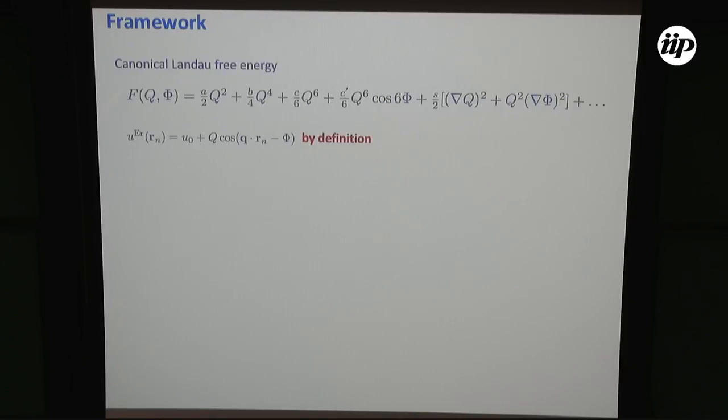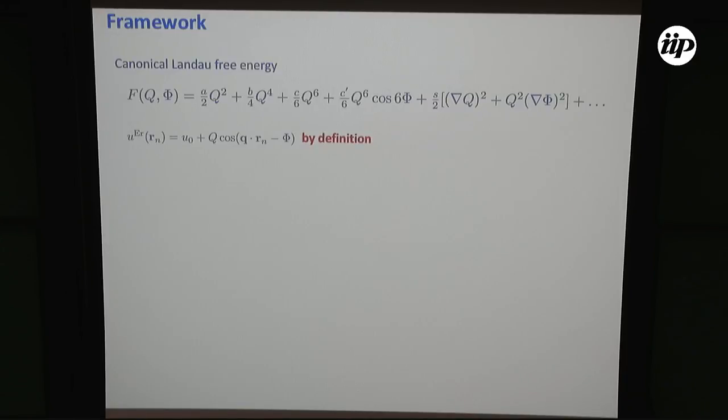So here I show you the expression of the Landau free energy. I think this is the canonical expression of the Landau free energy, in the sense that it is expanded in terms of the order parameter and nothing else. So implicitly, all the rest of the degrees of freedom are integrated out.